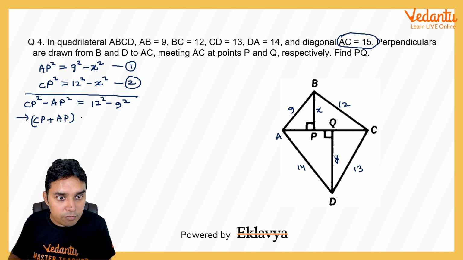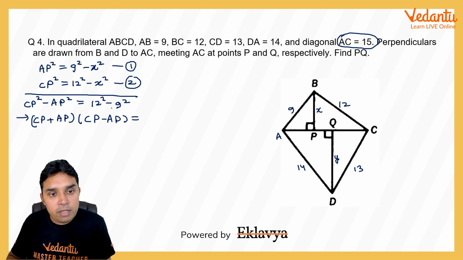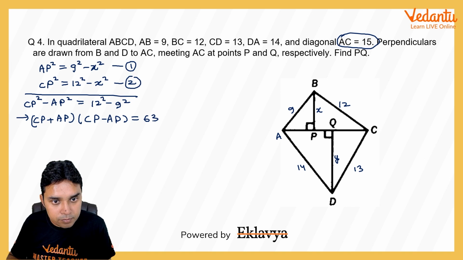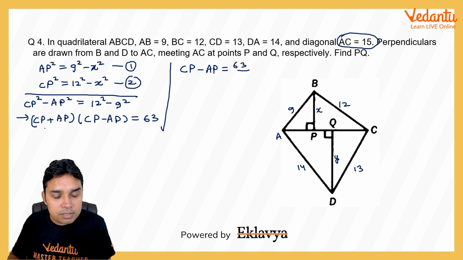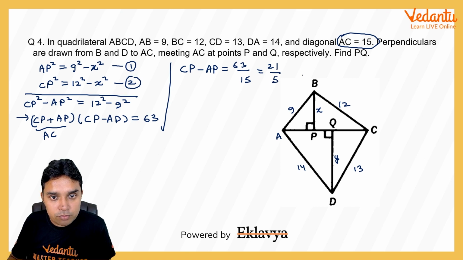So this is 15, and then CP minus AP, and on the right hand side it will be 21 into 3, that is 63. So we have got a relation in which CP minus AP comes out to be 63 upon CP plus AP, which is AC. So we can write this as 15. So this comes out to be 21 upon 5. So this is my another equation, let us say 3.